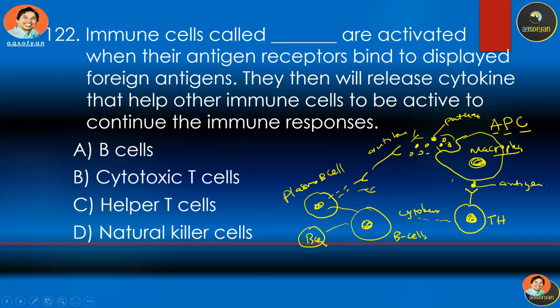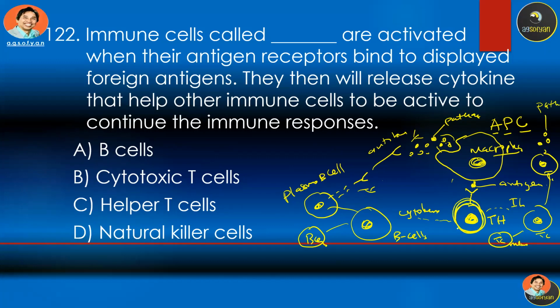And the T helper also produces interleukin. It goes to another T cell called TC. Then this TC will divide into TC memory cell and TC clones. This TC clone will kill the pathogens directly. So again, the one that performs this process is called the T helper, helper T cell.